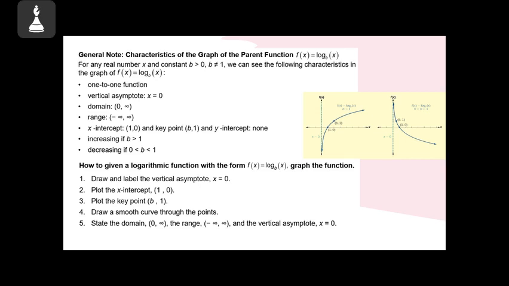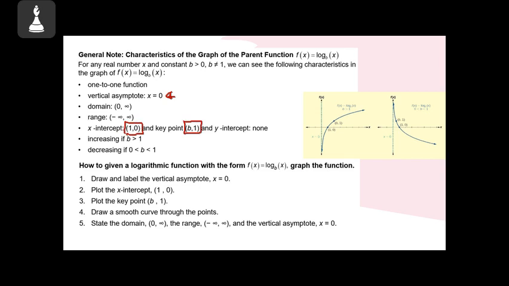Now, instead of having a horizontal value we cannot cross, we have a vertical value we cannot cross. In the base form, that value is 0. In any transformation of it, that value is shifted. Some key points are always going to be (1, 0) and (b, 1), again, if there are no transformations.